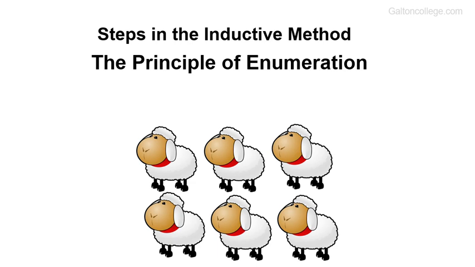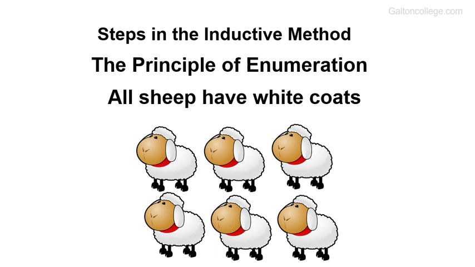So there are steps in the inductive method. This is called the principle of enumeration, the principle of counting up. Let's count up and see where we get to. Here's an example. There's 6 white sheep. We've counted these. There are 6 of them. You can count them as well. You'll find there's 6, and all the sheep have white coats.